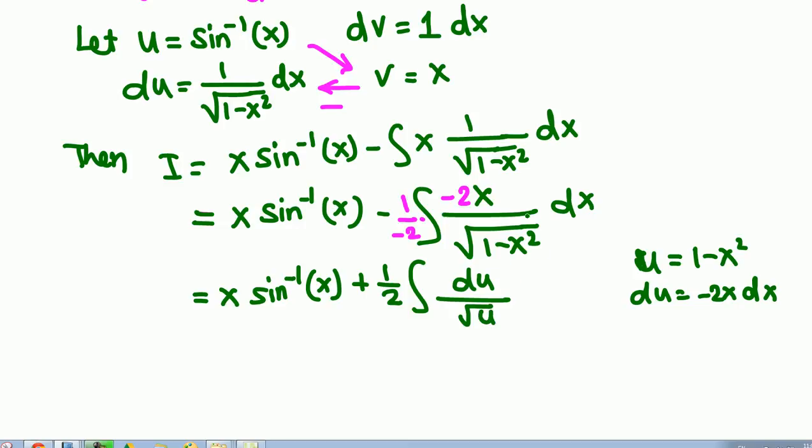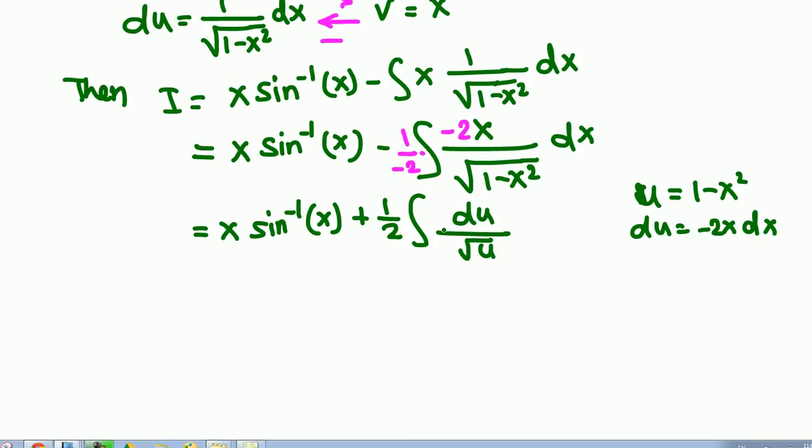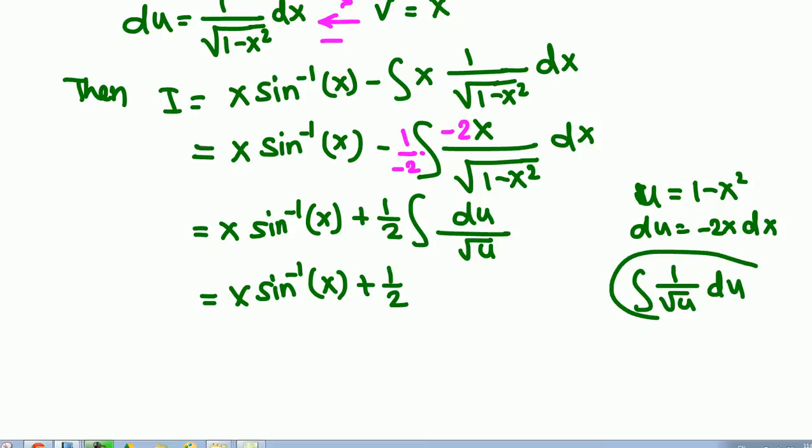So the whole integral is now in terms of the new variable u, and this is easy to evaluate. This is x sine inverse x plus 1/2 outside, and du on the right. This is basically 1 over square root of u, so find the antiderivative of 1 over square root of u du.